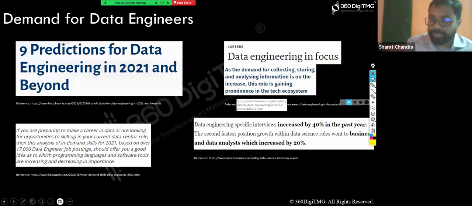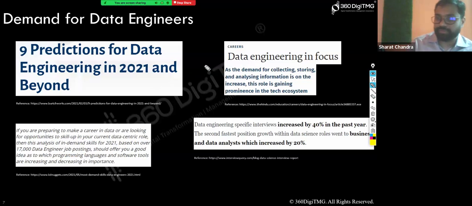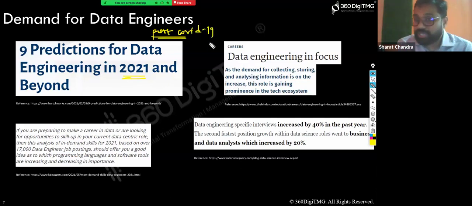These are some of the numbers that you can see from the different articles that we captured. This is pretty old. This was basically because of the post-COVID effect. COVID-19 has transformed a lot of businesses. They made it mandatory for a lot of businesses to convert online.